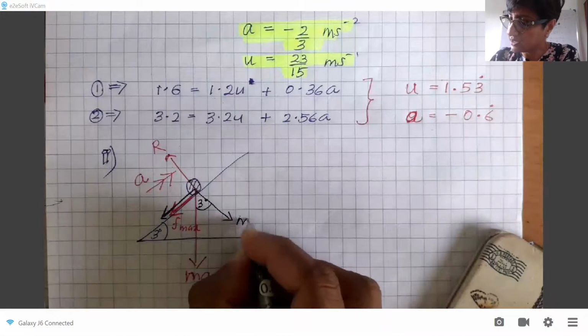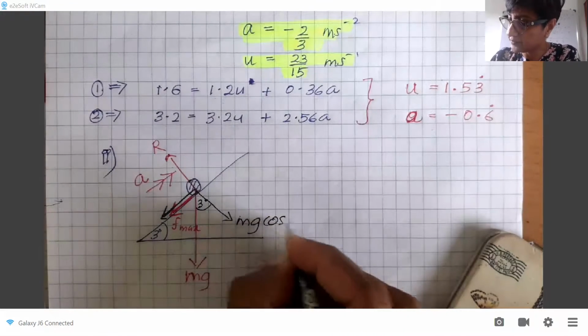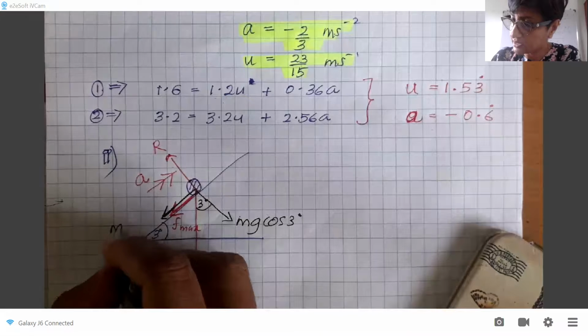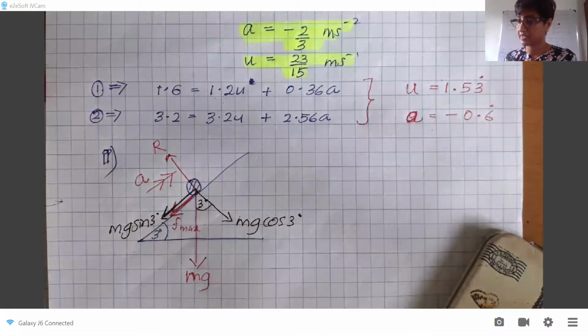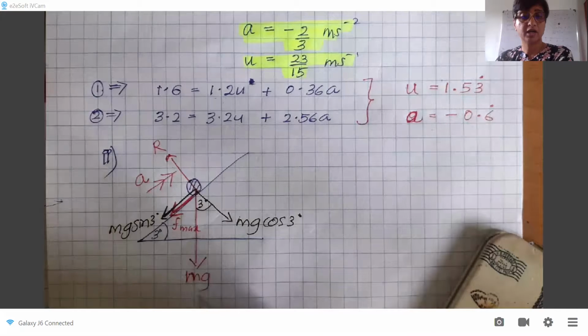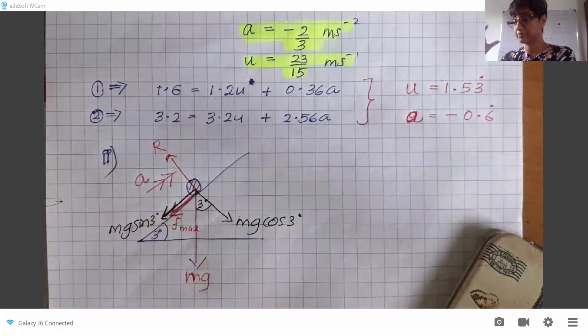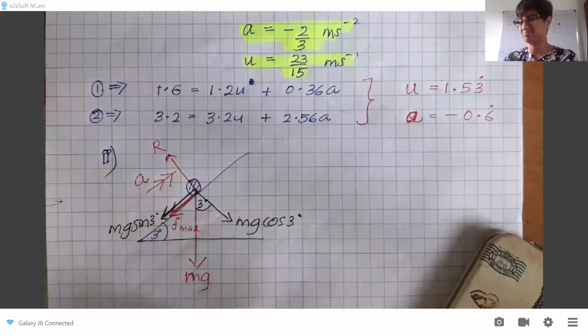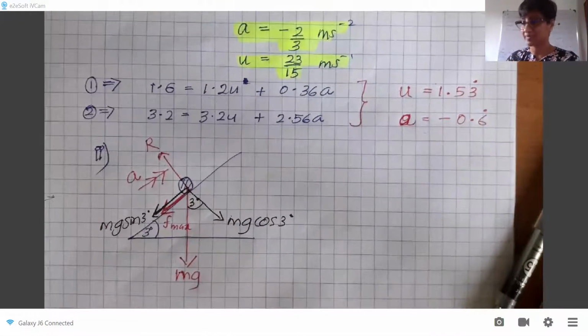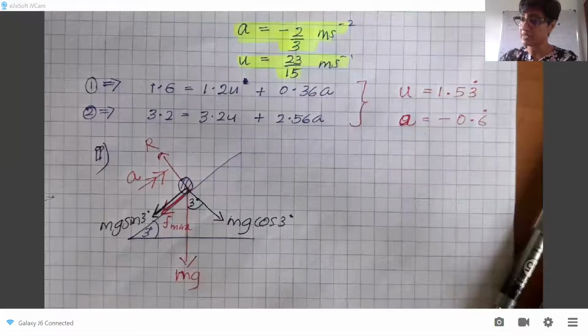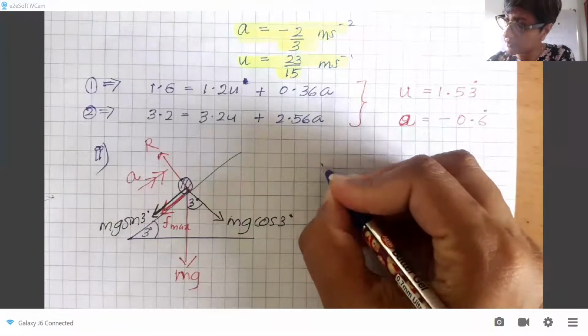So mg cos 3 and mg sin 3. So I can ignore this red force, the weight. So I can consider vertical equilibrium.